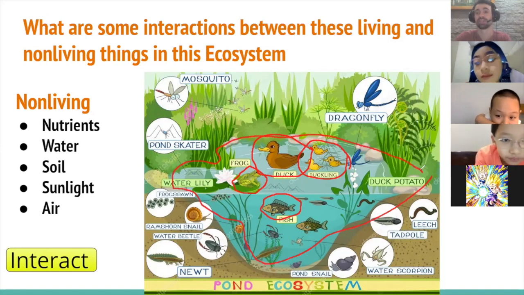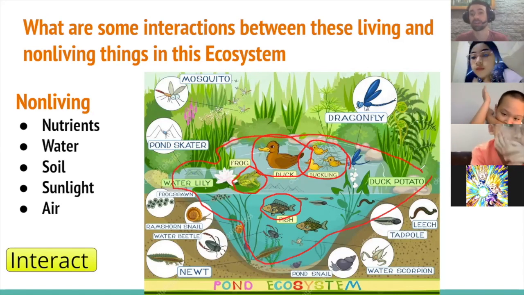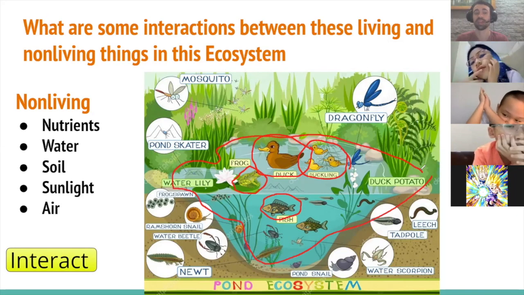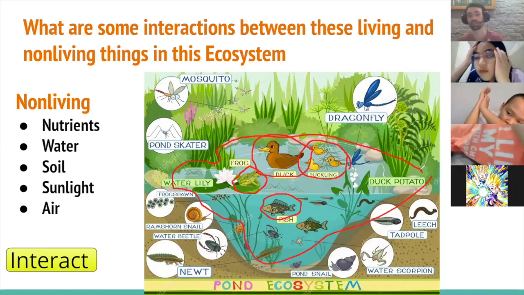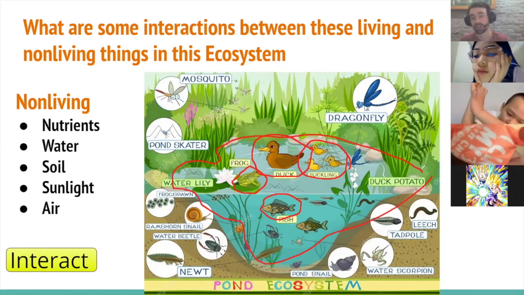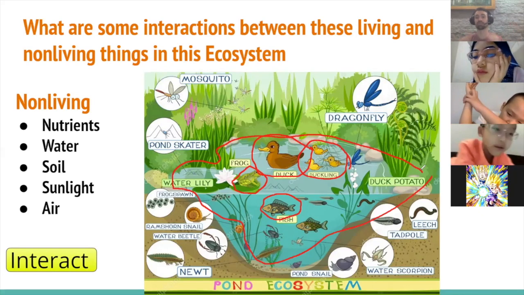But the difference between its environment and its ecosystem is that the ecosystem is how things interact with each other. What eats what? How do plants take up nutrients? These are all different interactions.